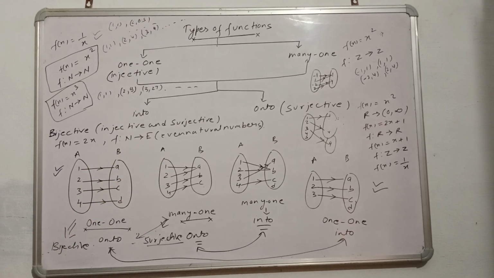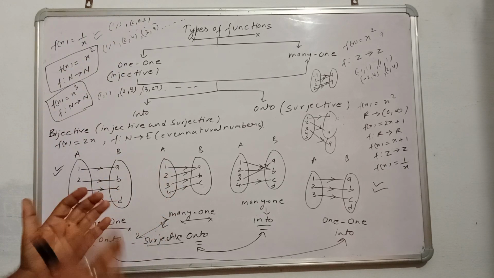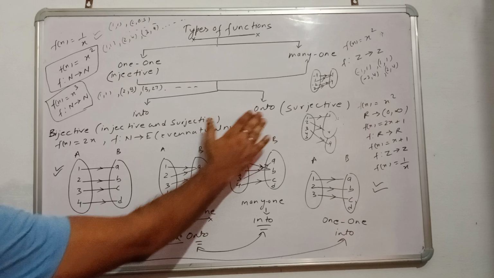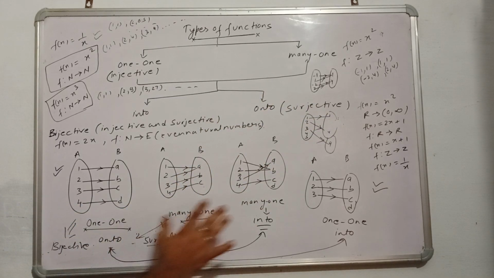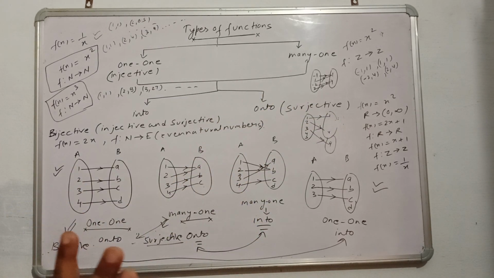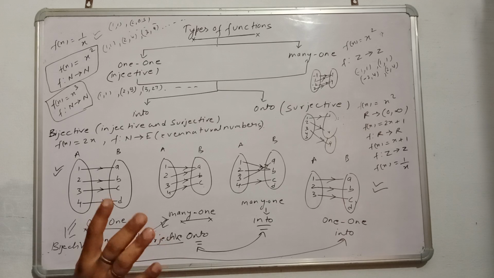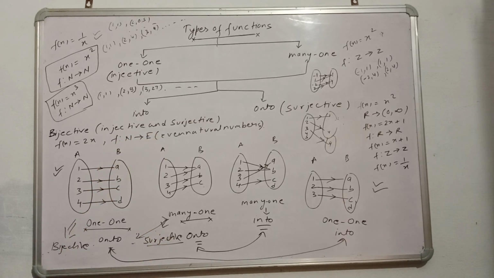So you are getting even numbers. And you have to tell that this shows both injective, meaning one-one, so every element has a unique image, and surjective, meaning onto, so no element should be left for mapping. So here no element is left.